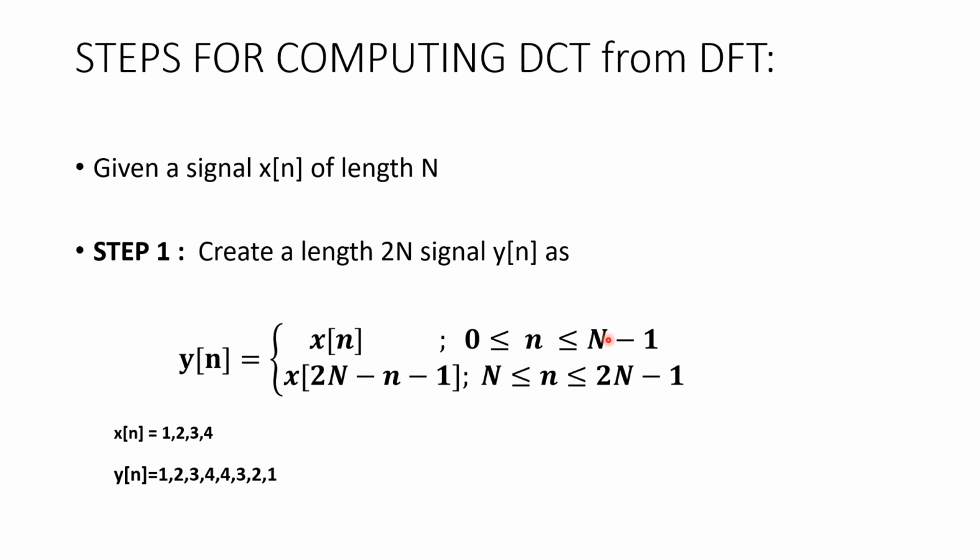If n is greater than N-1, then y[n] is equal to x[2N-n-1], which means if x[n] is 1 2 3 4, y[n] would be 1 2 3 4 4 3 2 1. After the halfway point, it will be reversed.